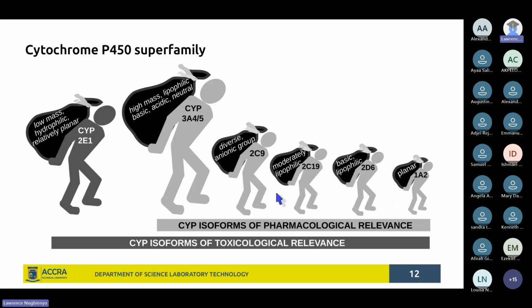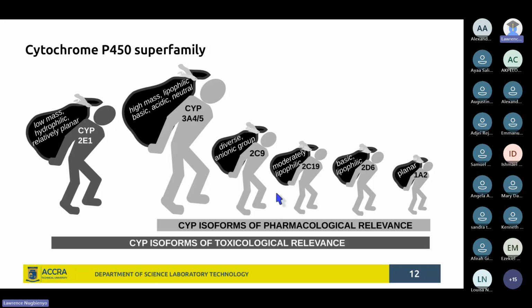Now, in the liver, you also come across a major group of enzymes referred to as the cytochrome P450 superfamily of enzymes. And these are some isoforms of enzymes that carry out major metabolic reactions on xenobiotics.